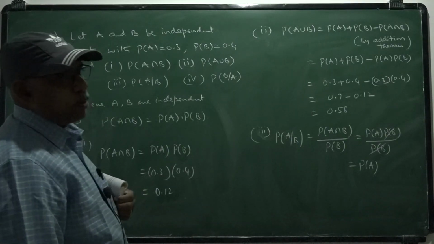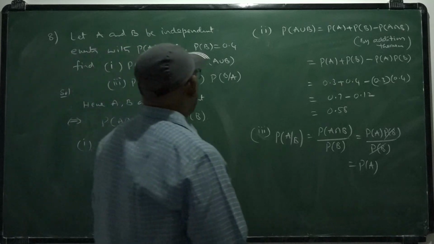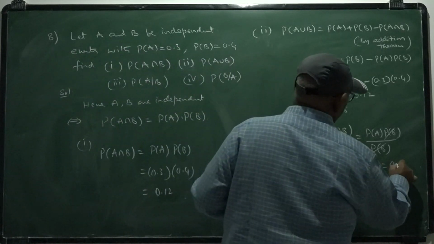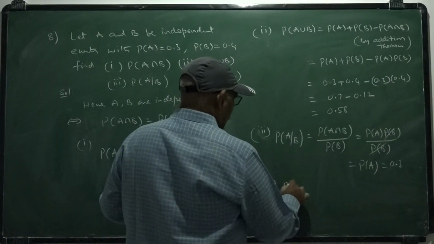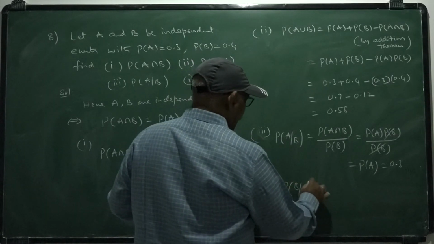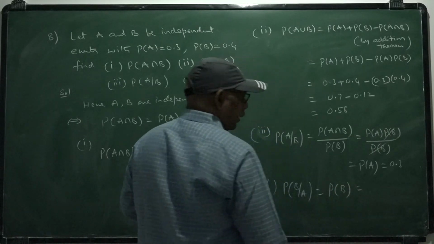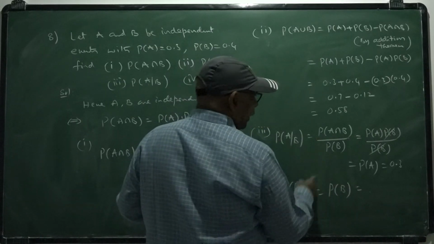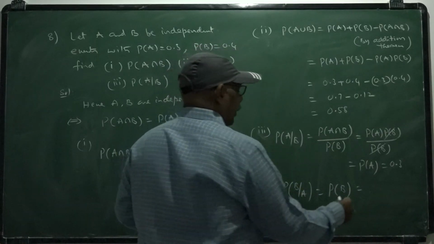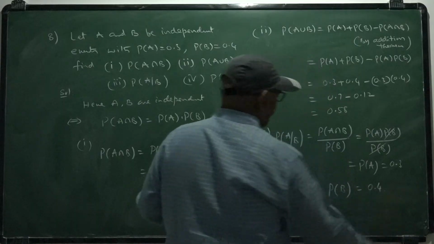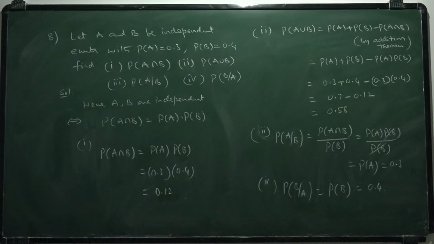Hence, the conditional probability of A on the occurrence of B is probability of A itself, so that is 0.3. Similarly, probability of B on the occurrence of A is simply P(B) itself. In this case P(A) cancels and we get P(B), that is 0.4 itself. Like that you can find the required probabilities.